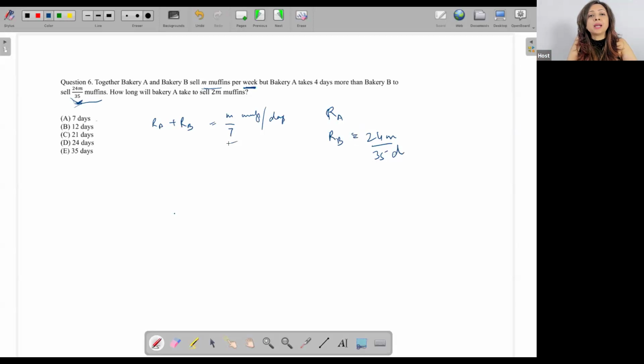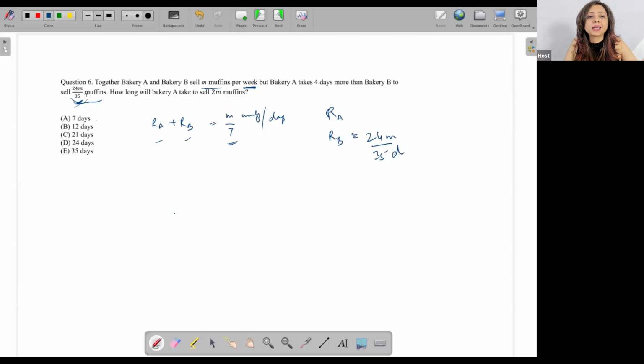Look, I have the combined rate, but then I have to find the individual rates also to be able to get the value of whatever I need to find. The individual rates have been given to me in terms of 24M by 35 muffins. It doesn't matter whether I'm talking about 1 day or 5 days, and how much work is done in that time, because the overall rate will always be the same.